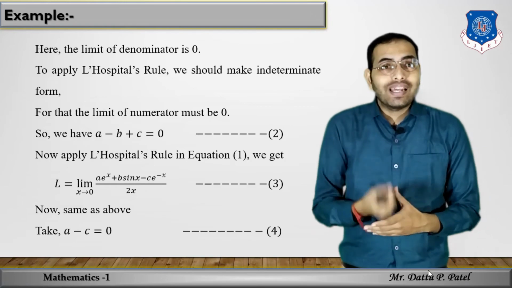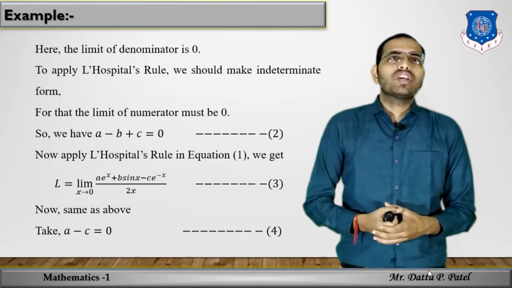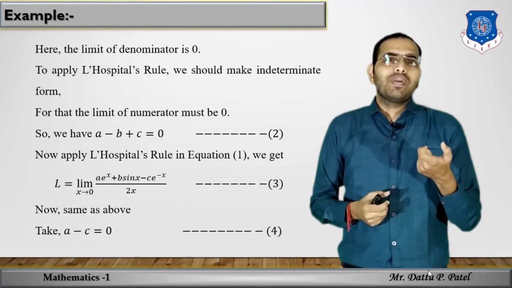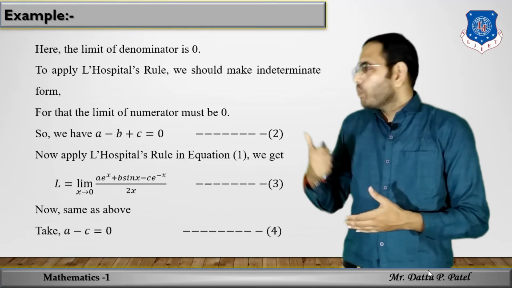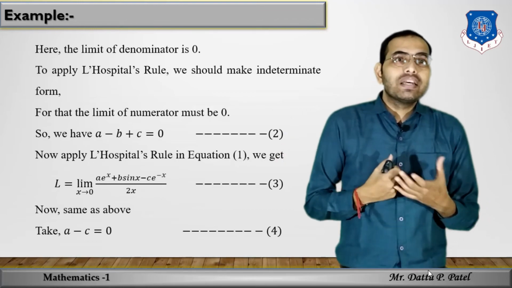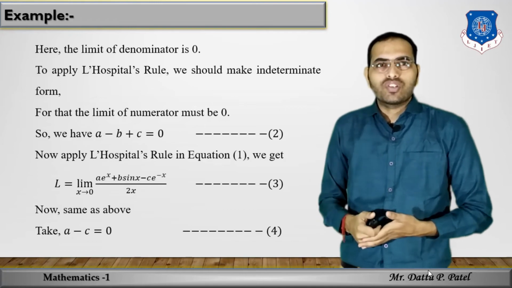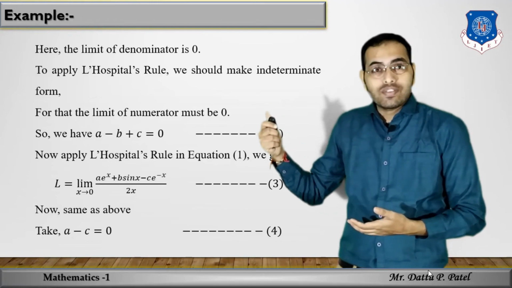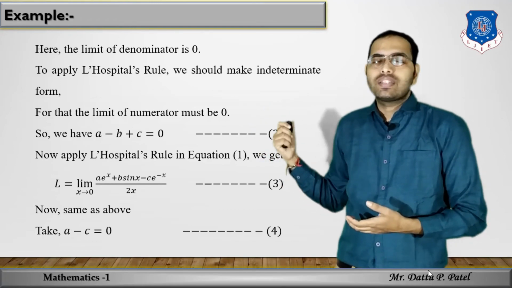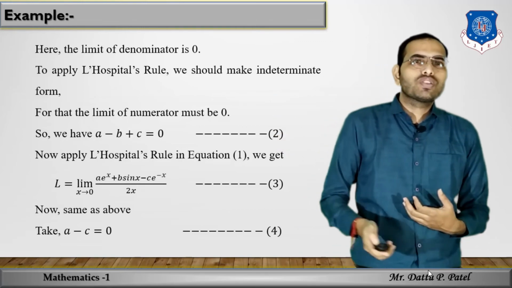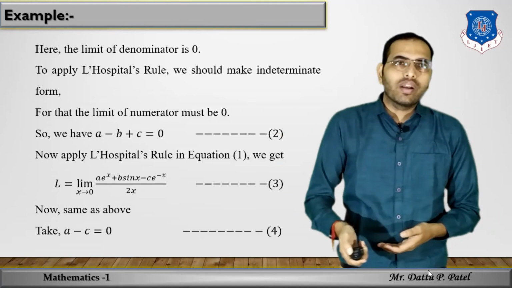Now similarly here again the denominator portion is 0, so we should make the indeterminate form. That means the numerator portion must be 0. Applying the limit x tends to 0 to the numerator portion, e^0 is 1, sin 0 is 0, and c into e^0 is again 1. Then it becomes a minus c equal to 0. That is our equation number 4.